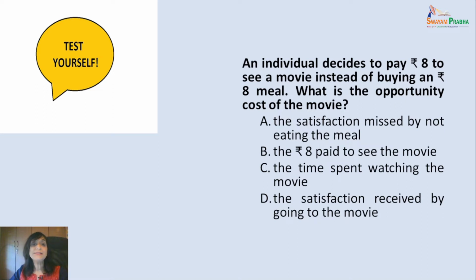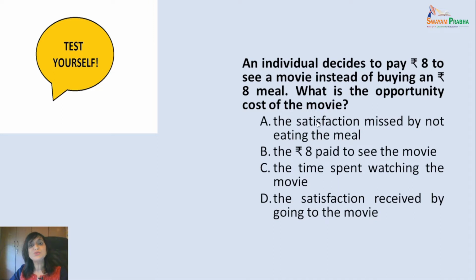The question is that an individual who has a limited resource of 8 rupees had two choices, two options before him. The first was to see a movie, or the second was to buy a meal. He has decided to buy a movie ticket by spending 8 rupees.